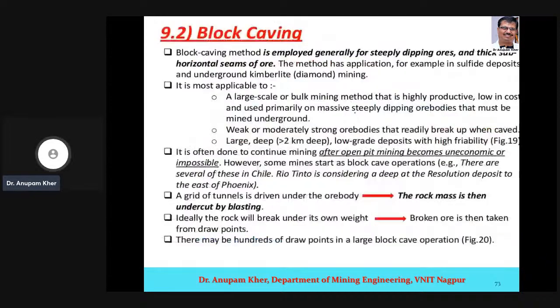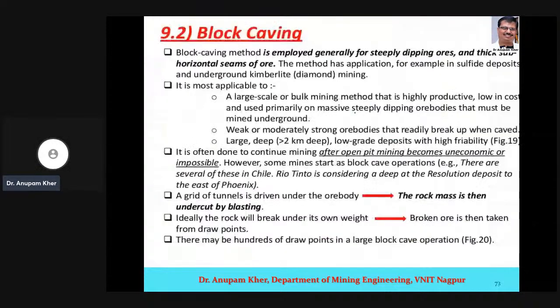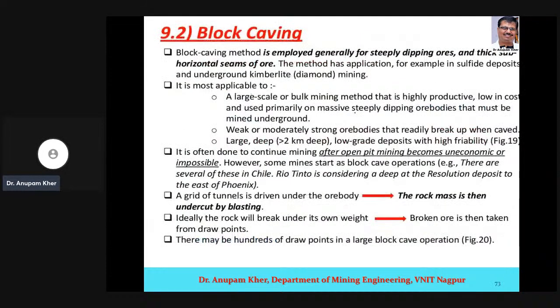So we have covered three types of methods. One, the unsupported methods, where we have seen open stoping and sub-level shrinkage stoping. Then we have covered the supported methods like cut and fill, stull stoping. Then there is a method called square set stoping, and there is another classical old approach to narrow ore bodies called raising.